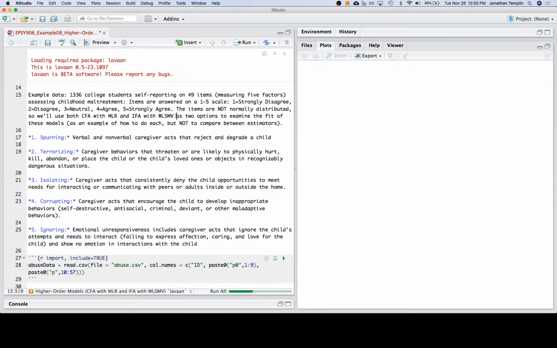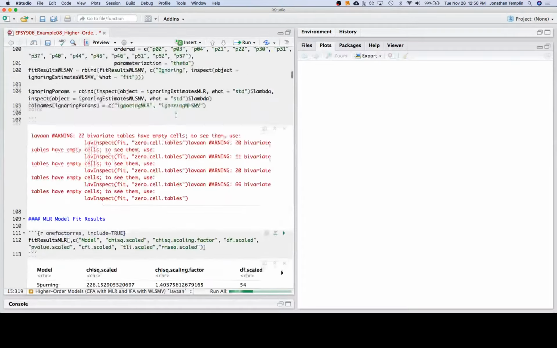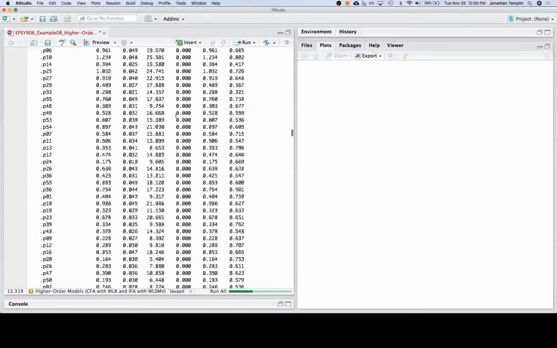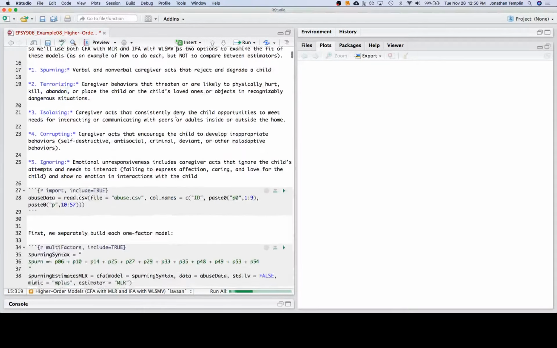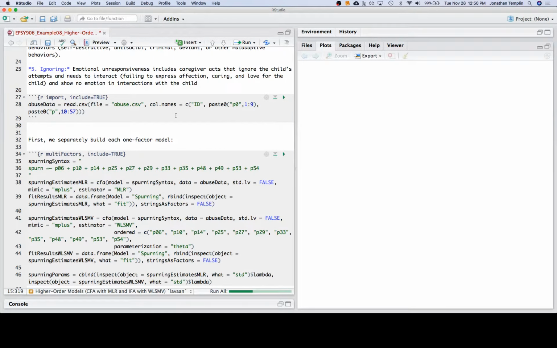Basically, we're going to compare both approaches, one using ordered equals in the lavaan syntax and one without. Things aren't going very fast, but what I'd like to show you is that building the model is not that much harder. It's not that much more syntax than you already know.